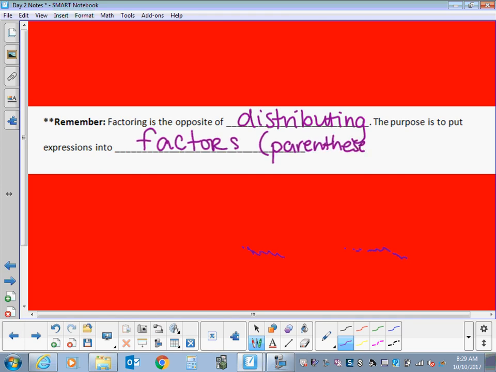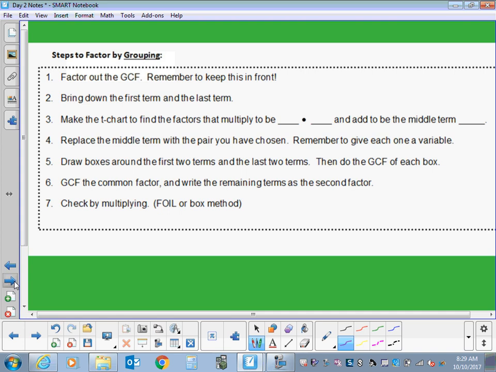How do you spell parentheses here? All right, everything in this big box, we're going to do all of these steps for the rest of the day.